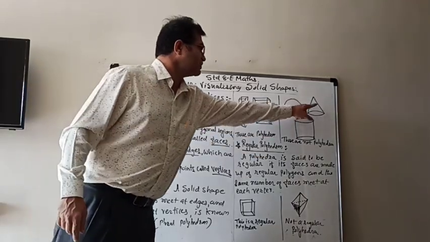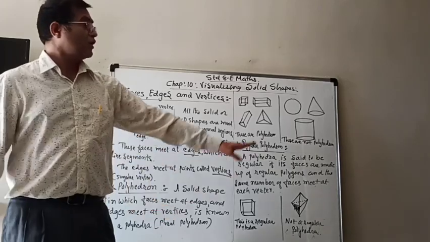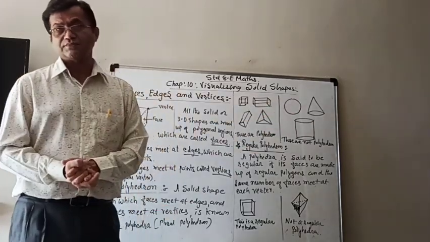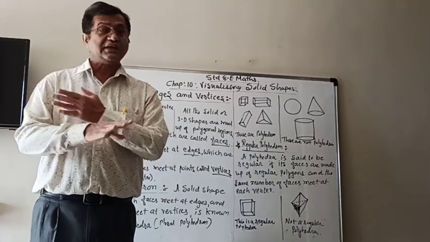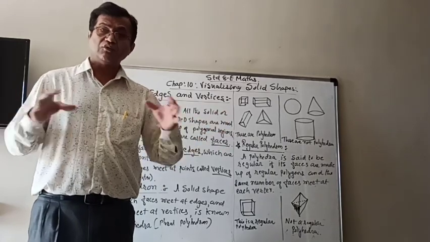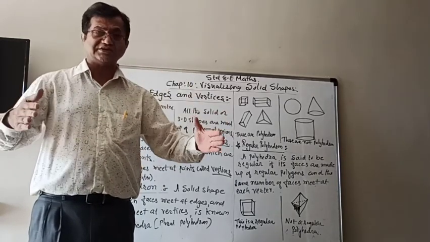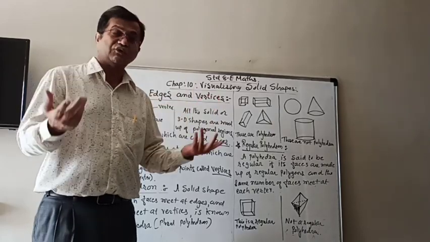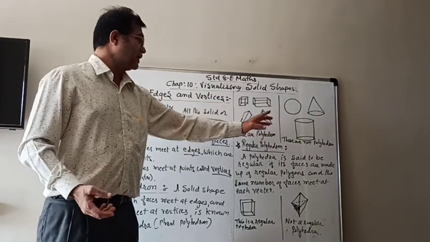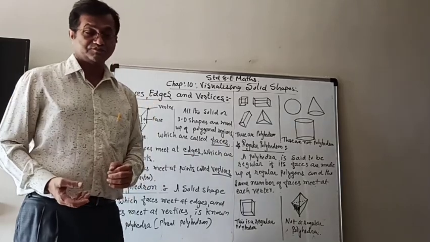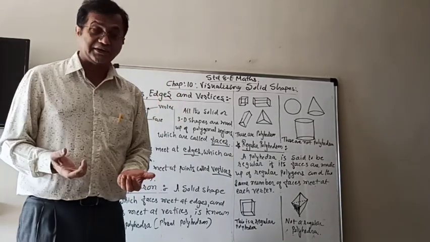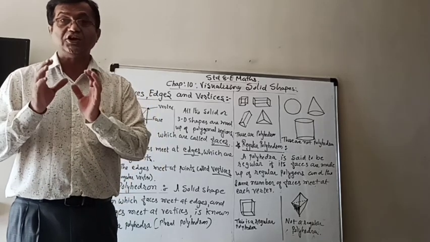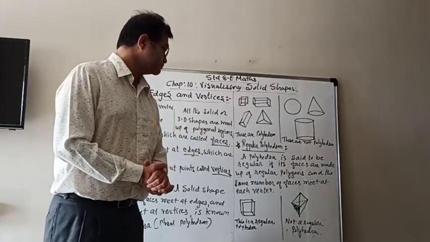Here also there is one curved surface and a flat surface. Here only a curved surface. So in all these three, there are no faces meeting at edges, and edges meeting at vertices, and therefore they are not polyhedra. So you understand what polyhedra are and which shapes are not polyhedra.